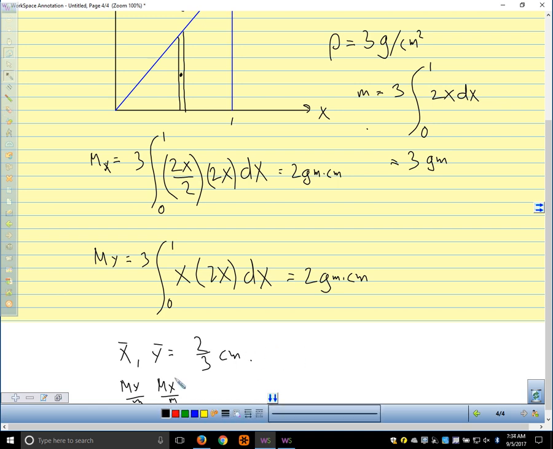So our coordinates, each of these equals 2/3. So our location is 2/3, 2/3. That's our center of mass, our centroid. And the centroid of a triangle is located 2/3 of the way across the triangle.